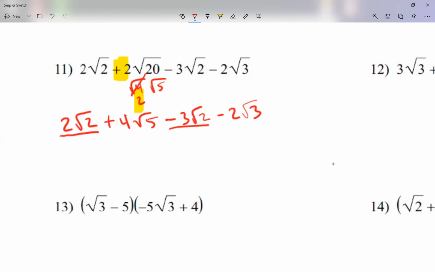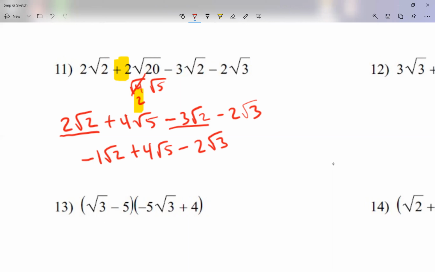Just going to combine the coefficients, the number outside. 2 minus 3, I know, is negative 1. So I can call this negative 1 radical 2 plus 4 radical 5 minus 2 radical 3. Nothing else can be combined because they all have different radicals.